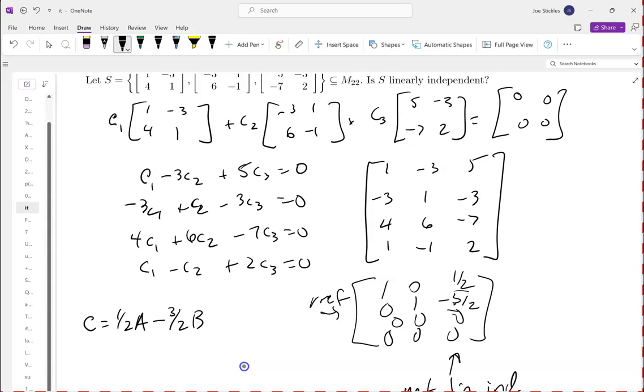So I can write one of the vectors as a linear combination of the other 2, which means that vector C depends on A and B. So that's where the linear dependence comes from.